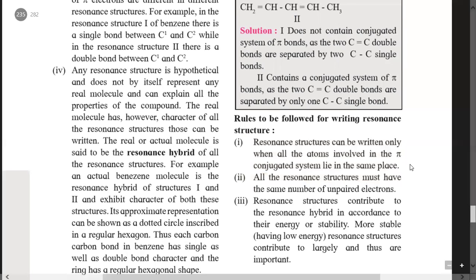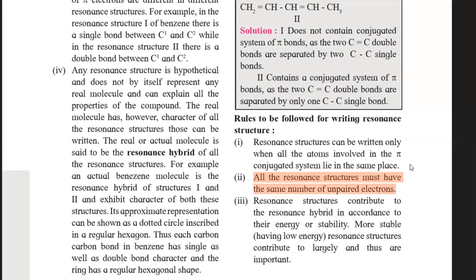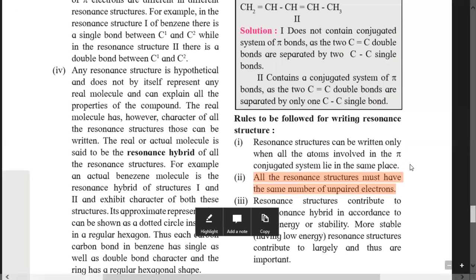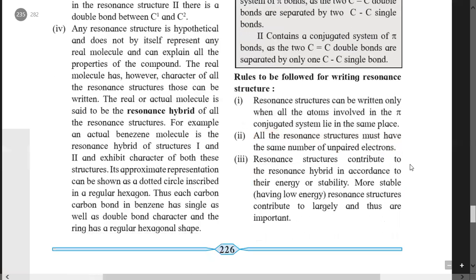So the molecule must be planar. Then the second rule is that all the resonance structures must have the same number of unpaired electrons. The number of unpaired electrons will not change. The first rule is that all atoms are in the same plane. Then the number of electron pairs remains the same.